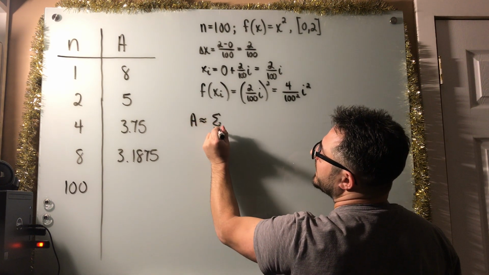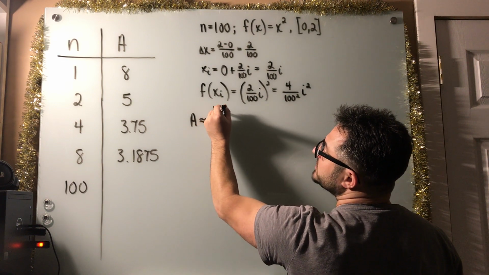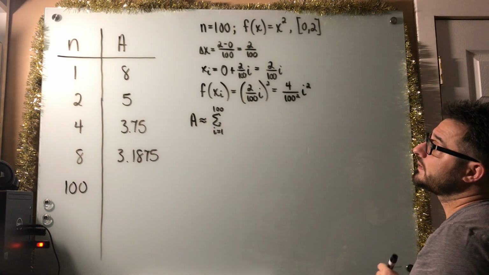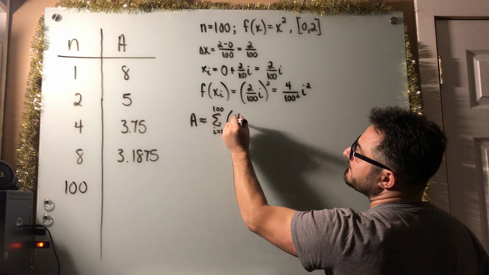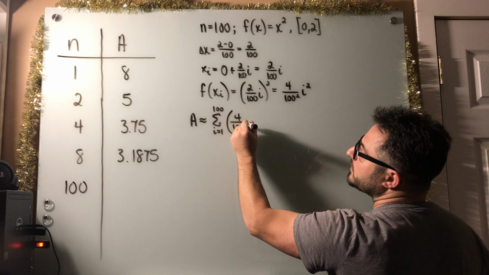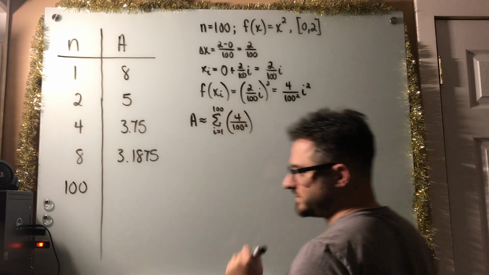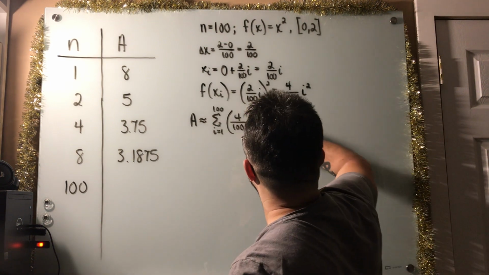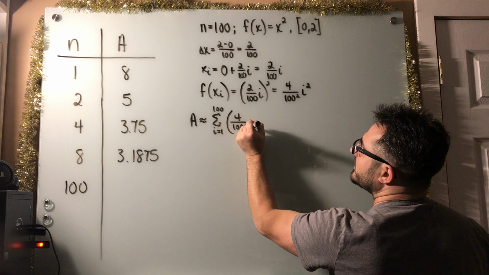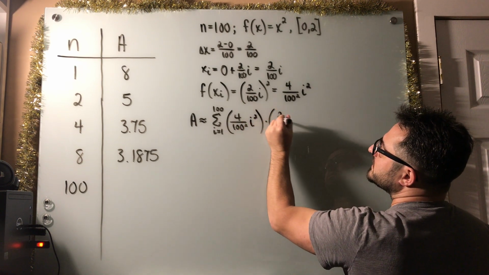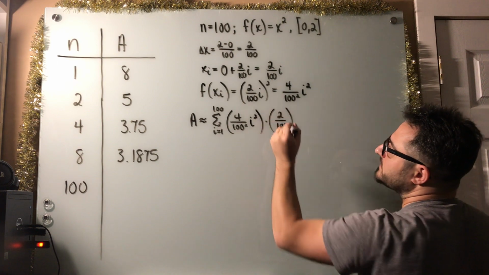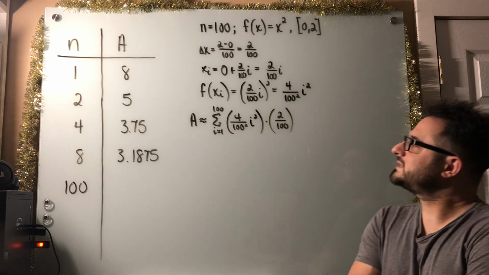So again, this time i is 1 to 100 of f of x sub i, excuse me, very important, forgot the i squared, times delta x.